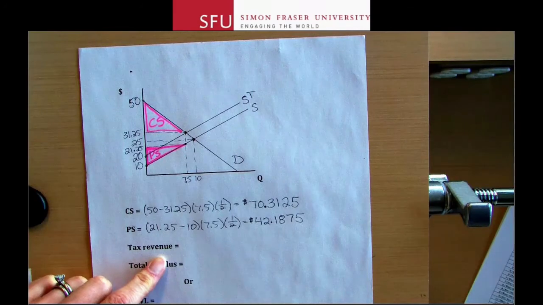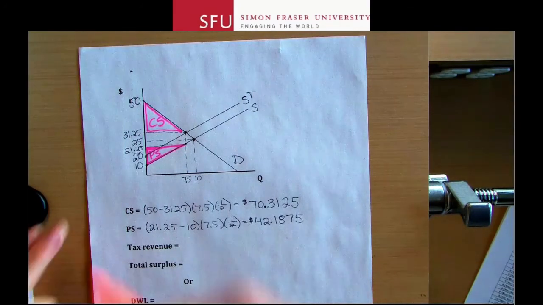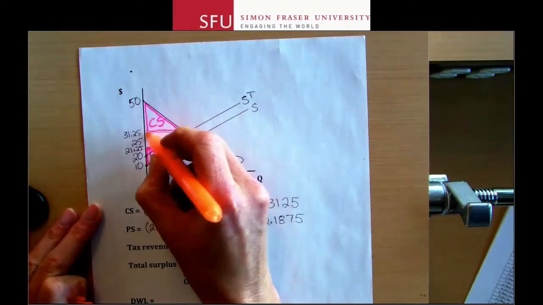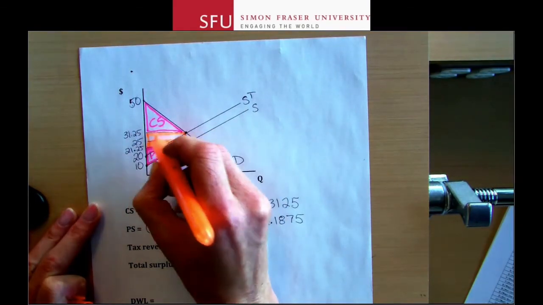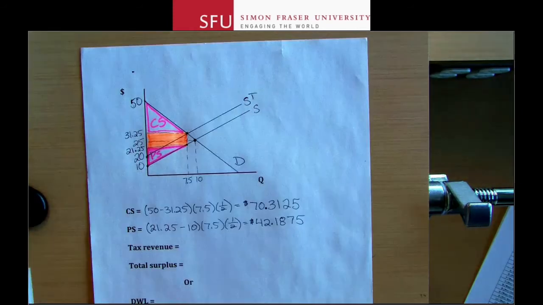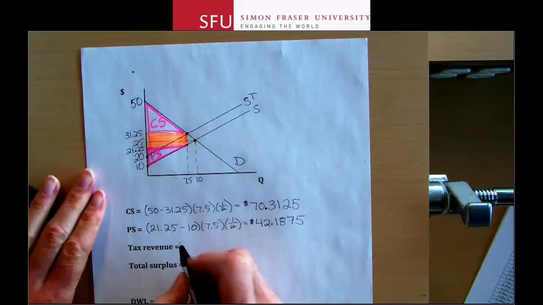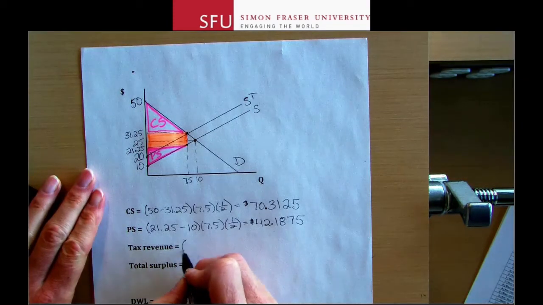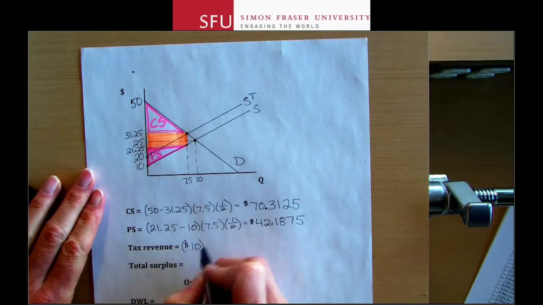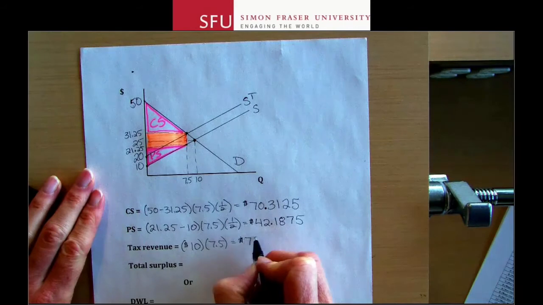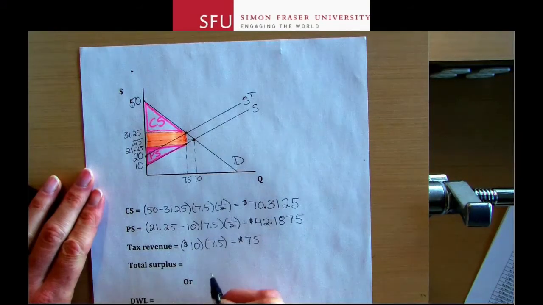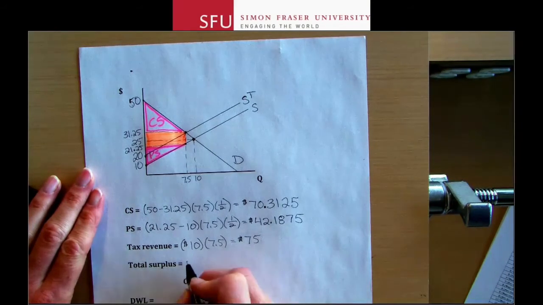So tax revenue is going to be the rectangle between, and so that's just the tax, which is $10 times the quantity, 7.5. So it'll be 75. And then total surplus is the 3 of them combined. So we just add them together.